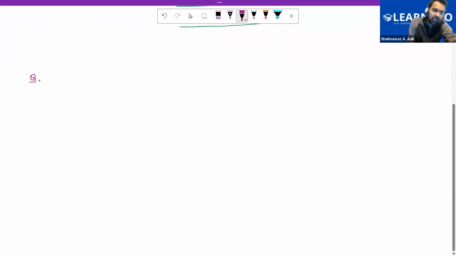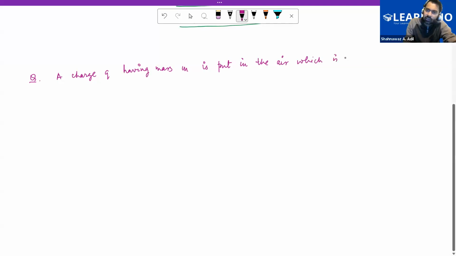The question is that, let's say you are putting a charge q, which is positive, having mass m, in the air, which is stationary.